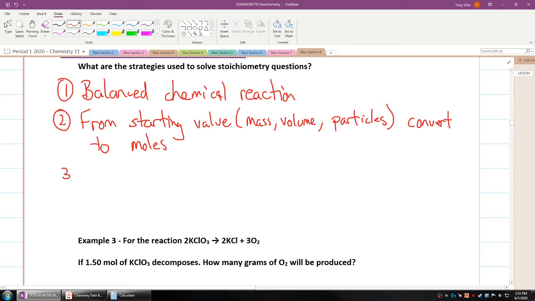What do you do in step 3? You want to now convert your moles of what you just started with to what you want to solve for. So you want to now cross the mole bridge using the molar ratio.